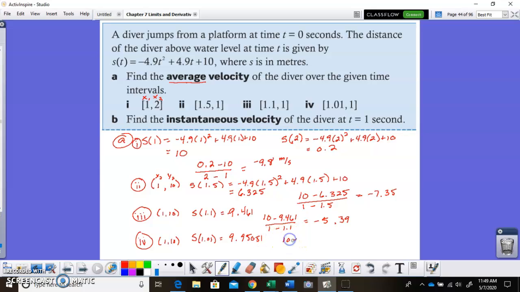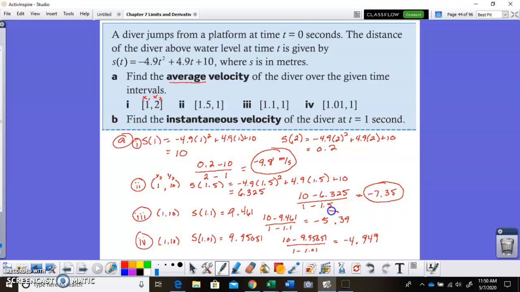So I'm doing 10 minus 9.95051 over 1 minus 1.01. So 10 minus my last answer divided by negative 0.01, and I have negative 4.949. So there are our average velocities.